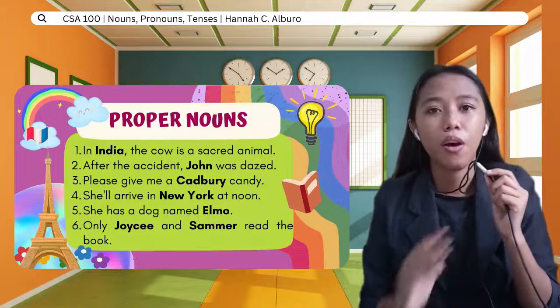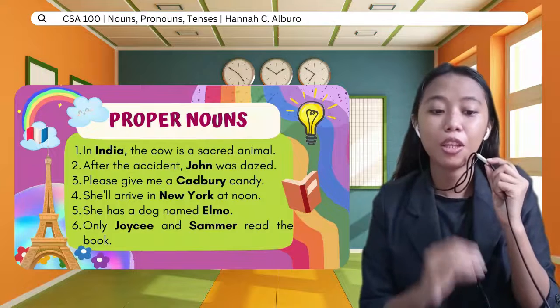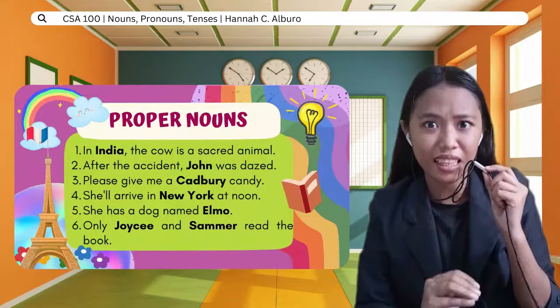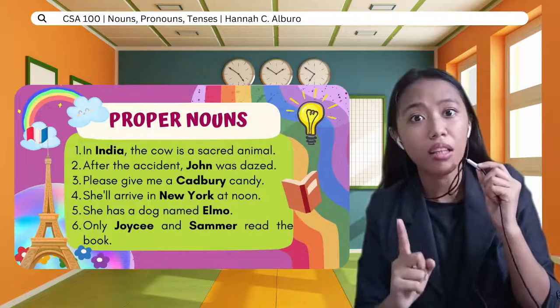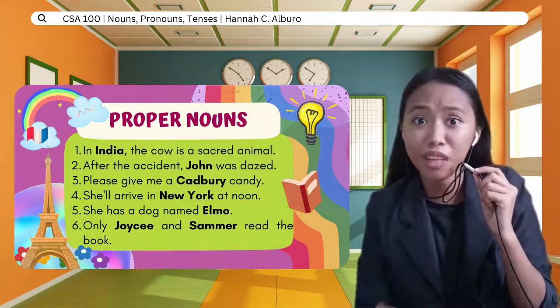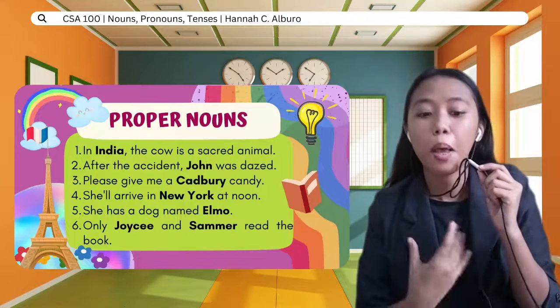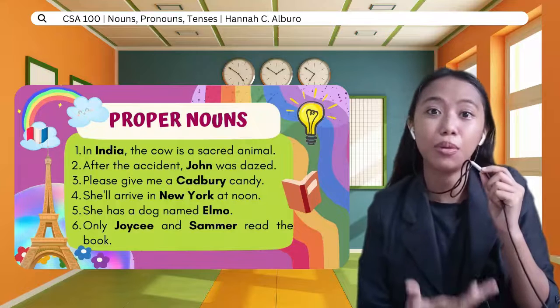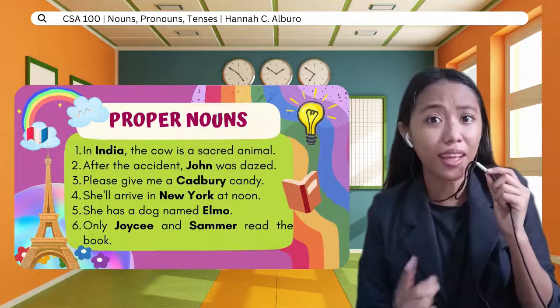Okay, so for the next sentence, we have, after the accident, John was dazed. The word that is in bold form is John. So John is a specific name of a person, right? Next, for the third sentence, please give me a Cadbury candy. Cadbury is a specific name of a candy, right?